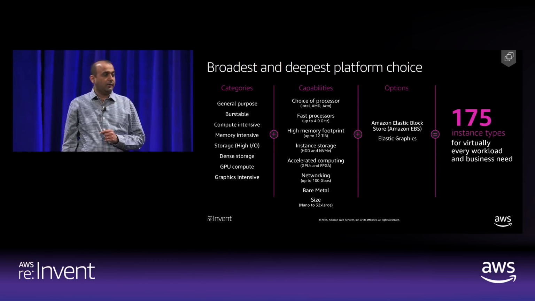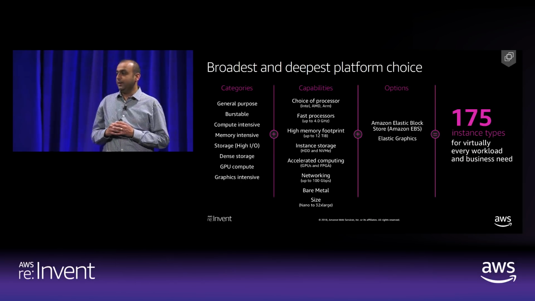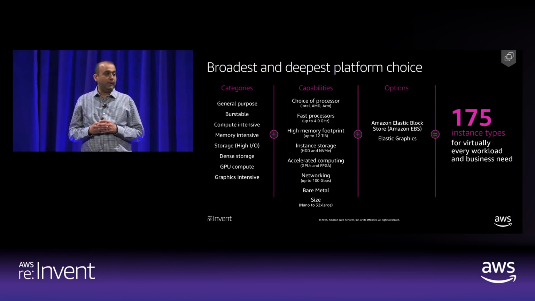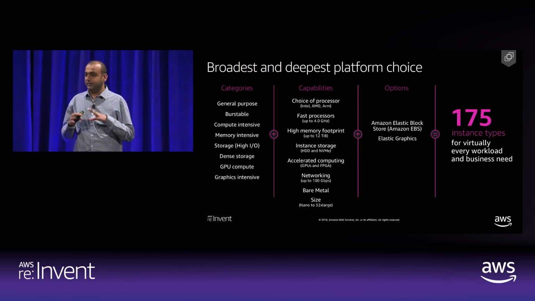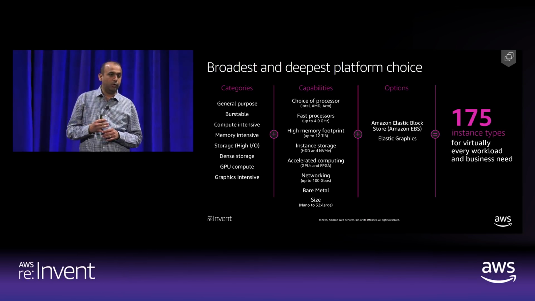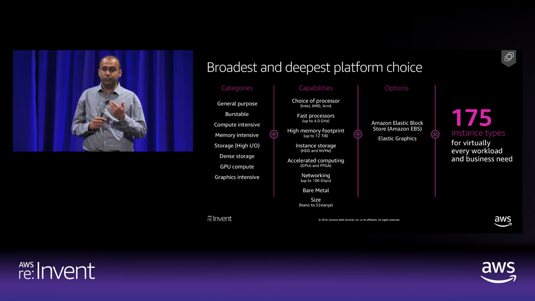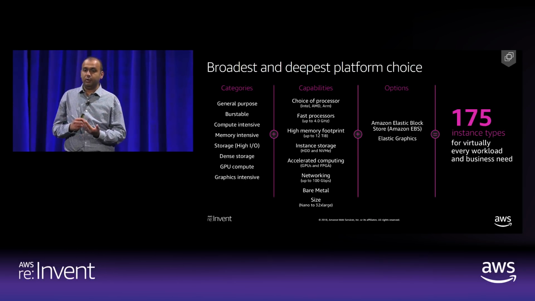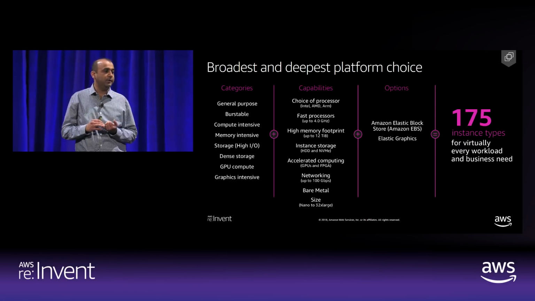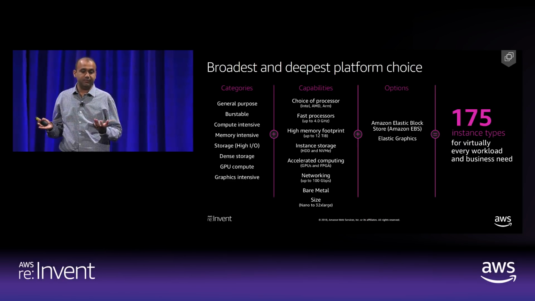Our customers run a variety of workloads in the cloud, and we have a number of instance types that cater to the variety of workloads that our customers run. We have general purpose instances that offer a balance of compute, memory, and network resources.